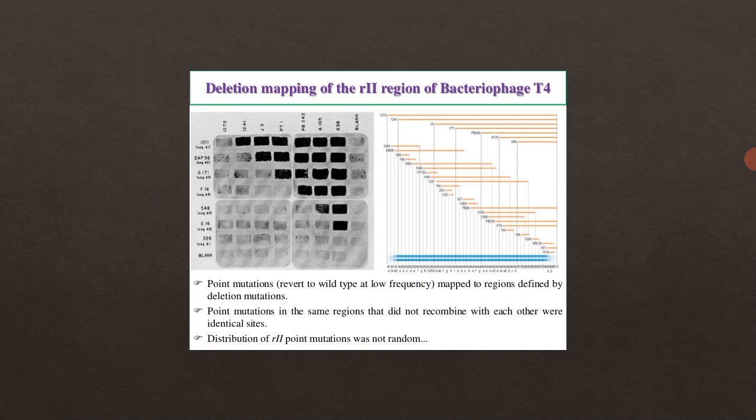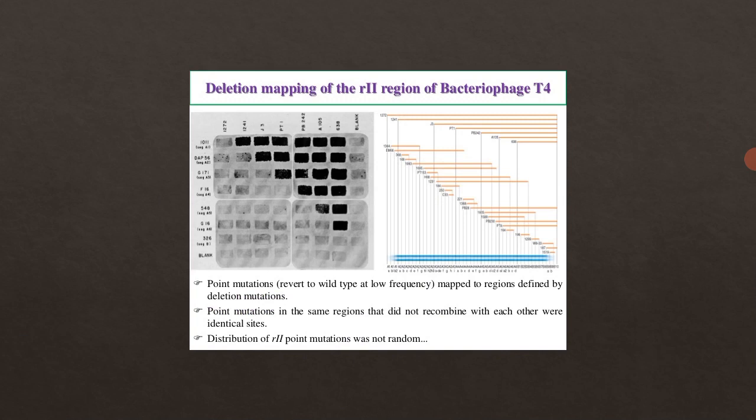Point mutations mapped to regions defined by deletion mutations. Point mutations in the same regions that did not recombine with each other were identical sites, and the distribution of the R2 point mutations was not random. So these three points came after the analysis of this genome.